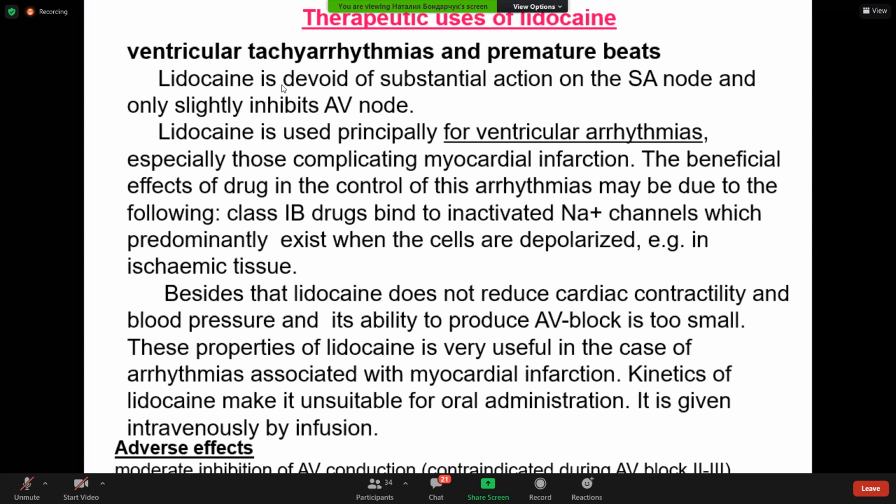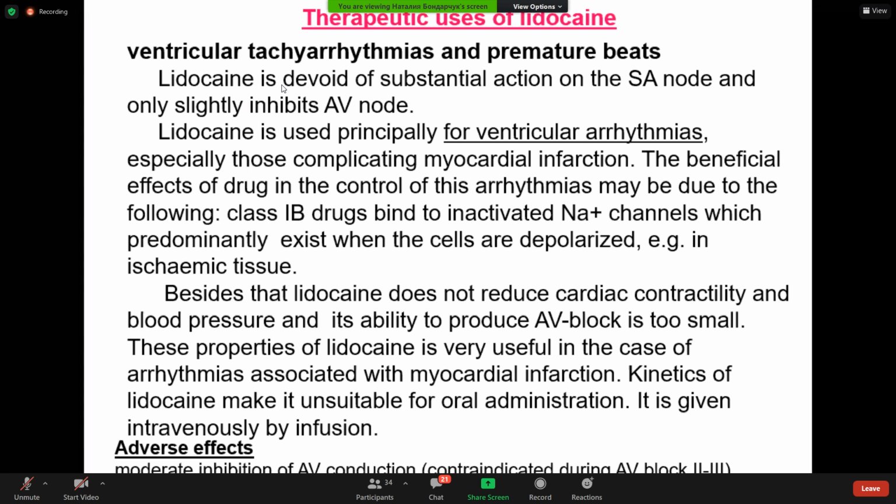The beneficial effects of this drug in the control of this type of arrhythmia may be due to the following. Lidocaine binds to inactivated sodium channels when the cells are depolarized.